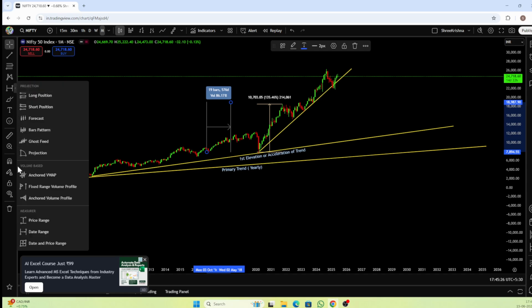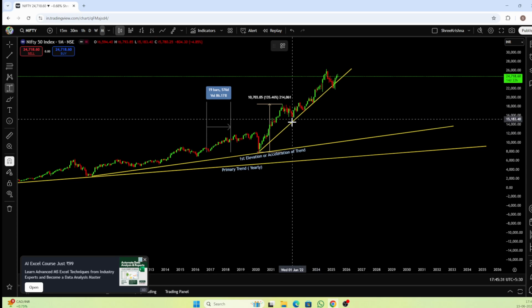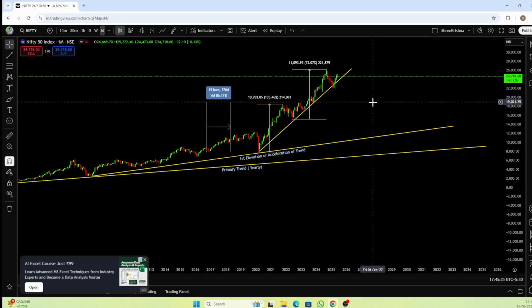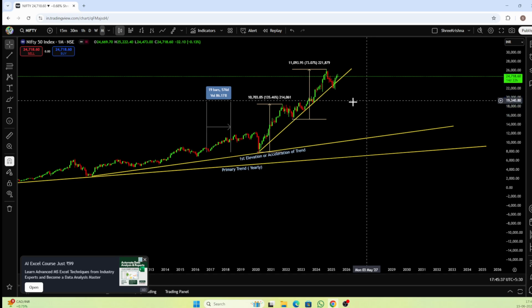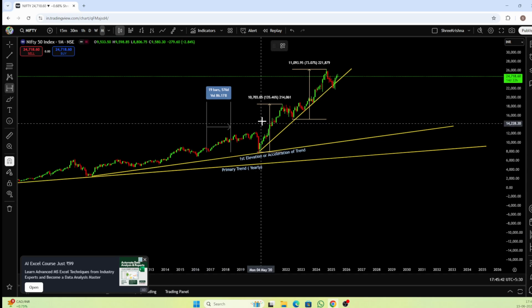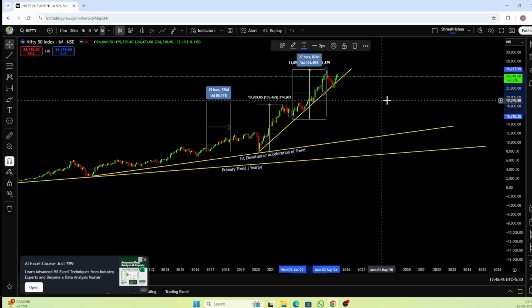Now here, how much price has it made? From this low to this high is 11,093.95. And how many bars has it taken to complete that data range? 27 bars.